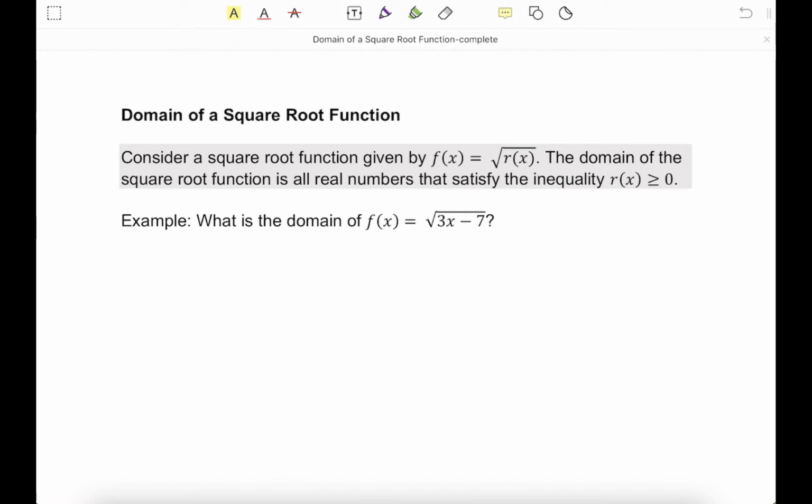So for this example, we have 3x minus 7 within the square root, and we'll say 3x minus 7 needs to be greater than or equal to 0. I'll add 7 to both sides, divide both sides by 3.